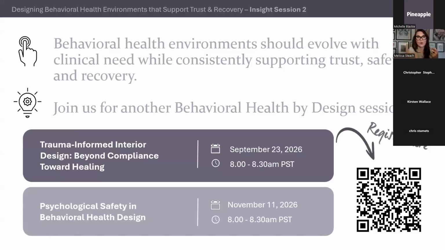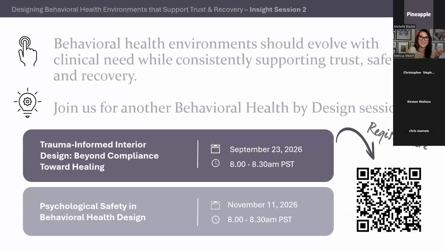Creating environments that support trust, safety, and recovery is the focus of the space. And the Design for Dignity framework reminds us that effective behavioral health design is never about a single product or feature. It's about intentionally bringing together these therapeutic environments to support the patients and the people who care for them.